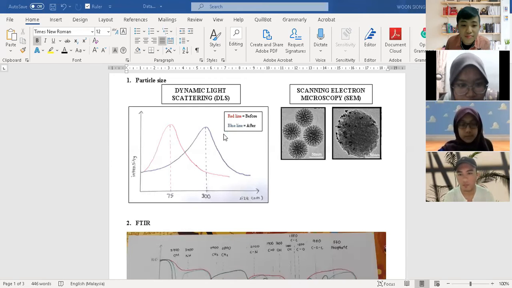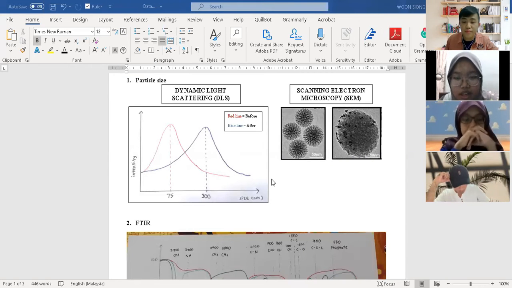The size for the lipid nanoparticle only is around 75 nanometer, and for the synthetic mRNA it is around 250 until 350 nanometer. So we expect that after the encapsulation of mRNA, the size of the lipid nanoparticle with the mRNA is around 300 nanometer.